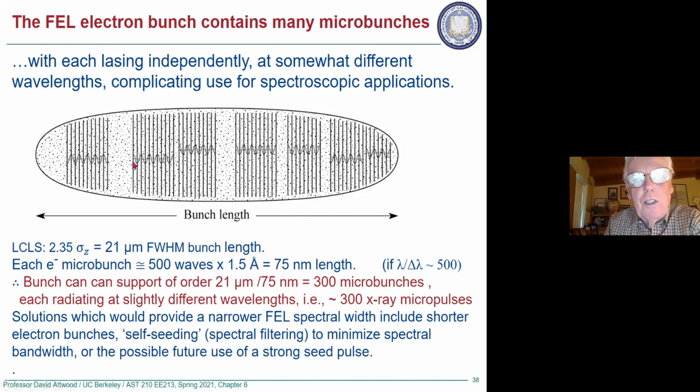One thing you could do is shorten this bunch so that it's not supporting all of these different pulses. You just want lasing to come with one of these, which has a path length of 75 nanometers. Combine that with the speed of light, and you'll have the pulse length of one of these. It's really short.